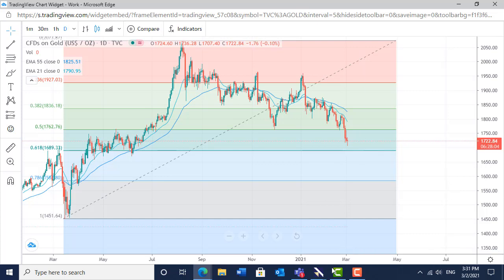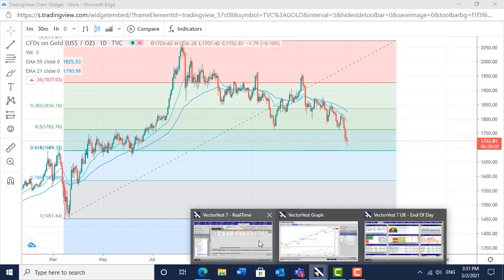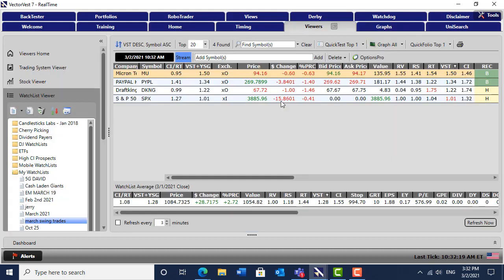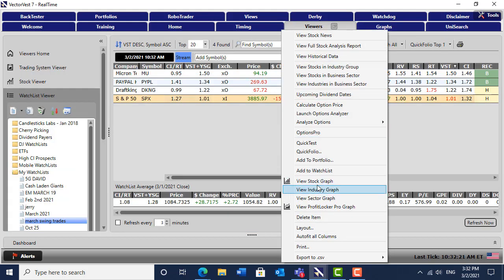So if we go back to the front page of VectorVest US, as you can see, the short-term trend is still up, with the number of declines higher than the number of advances. I'm hoping that this pullback we've just seen in the US market, if I go to my viewer screen, I put up the S&P.